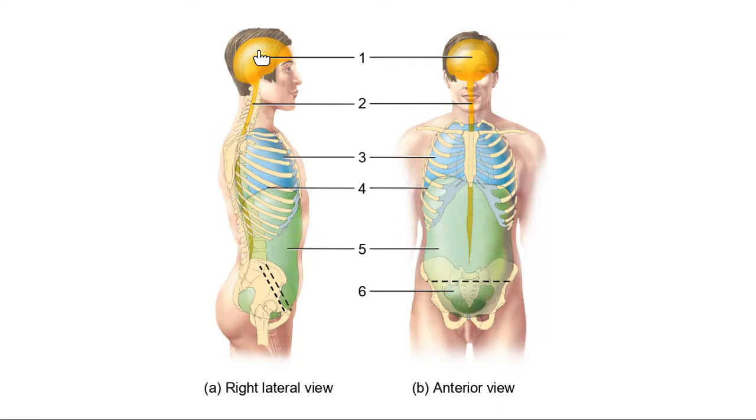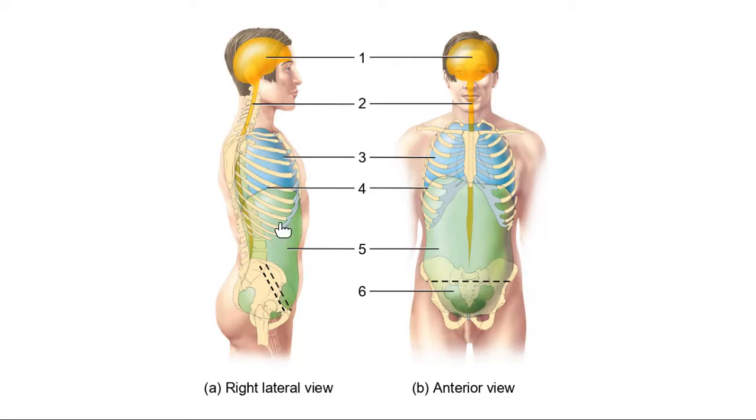The dorsal body cavity has two parts. Number one is called cranial cavity, and this is the cavity for our brain. And number two is the vertebral canal, and this is the cavity for our spinal cord.